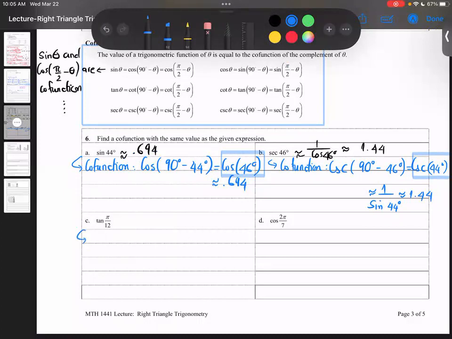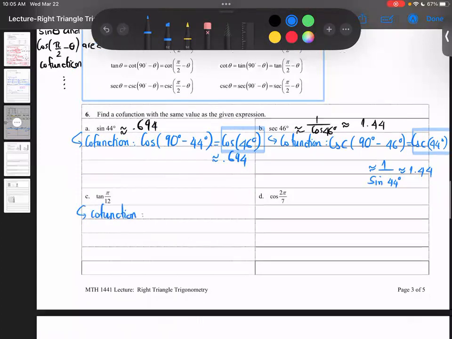I want to find the cofunction of tangent of pi over 12. So what function should I start with here? Cotangent, right? So cotangent of what minus what? Pi over 2 minus pi over 12. So everybody got the gist now, right?